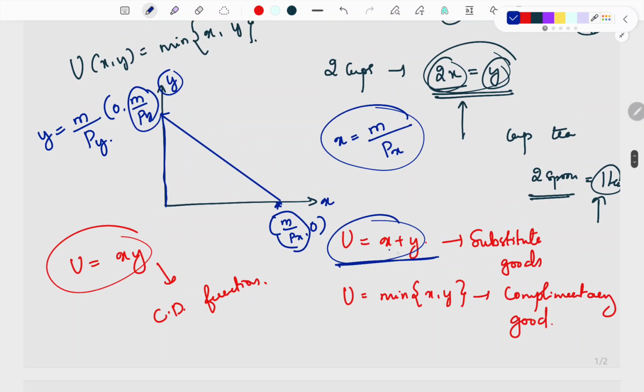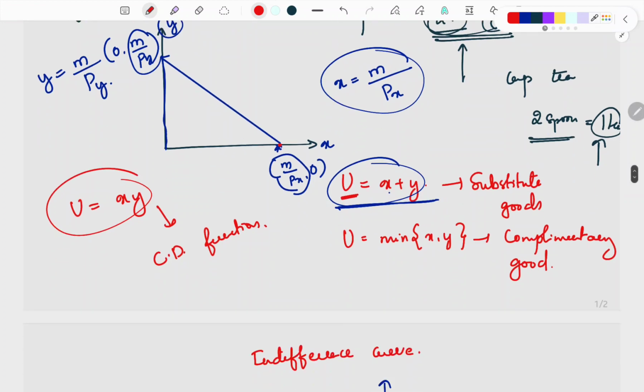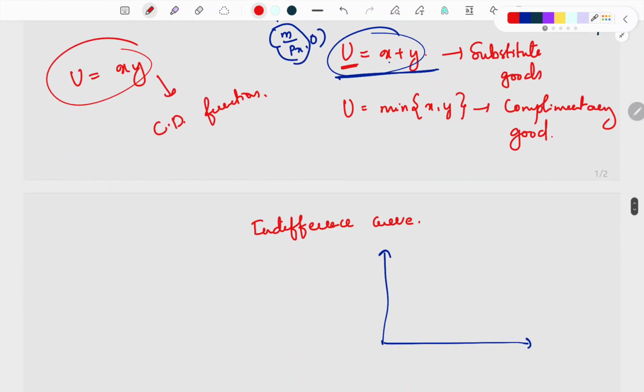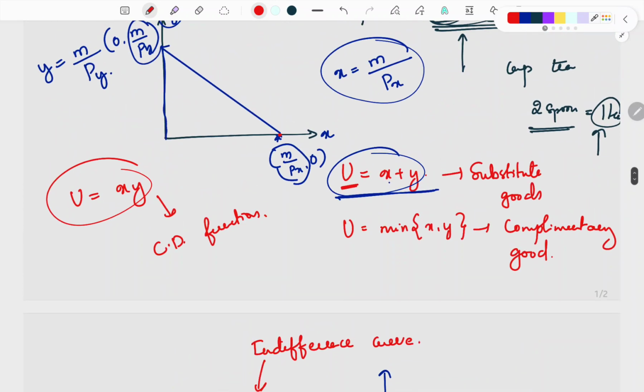Suppose you are only consuming x, then at that time your point will be here. I'm telling you for the same utility now. That's what you mean when you say indifference curve. Indifference means there is no difference, no difference along the curve, meaning that the whole curve is providing us the same utility.